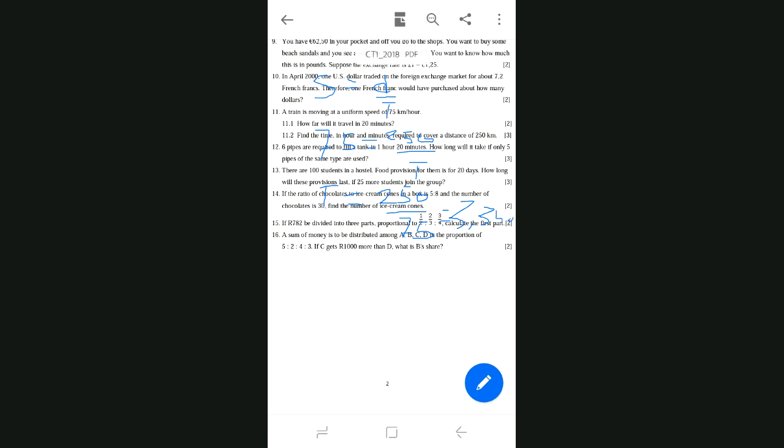So the question says that we must convert this to hours and minutes. So remember that there are 60 minutes in 1 hour. So to convert to minutes, it will be 0,3 times 60, which will give us 18.